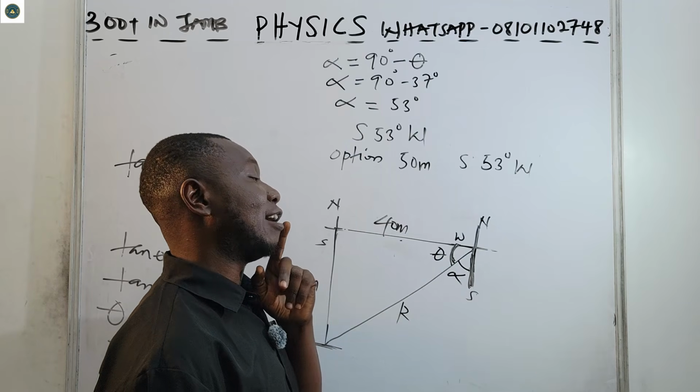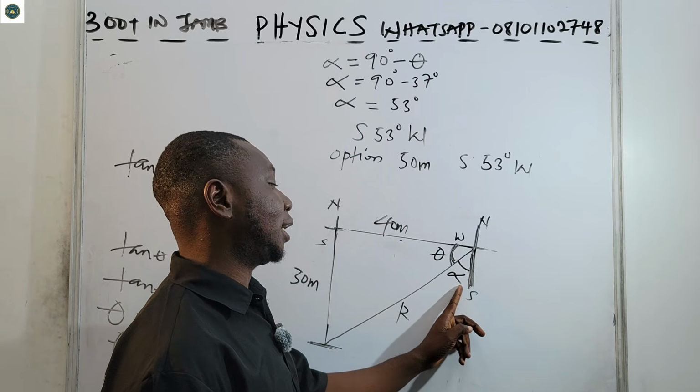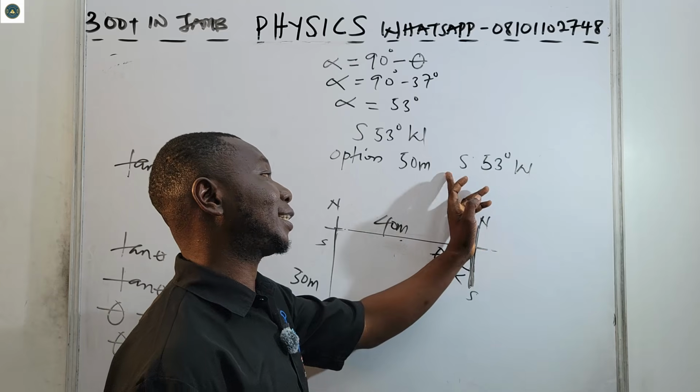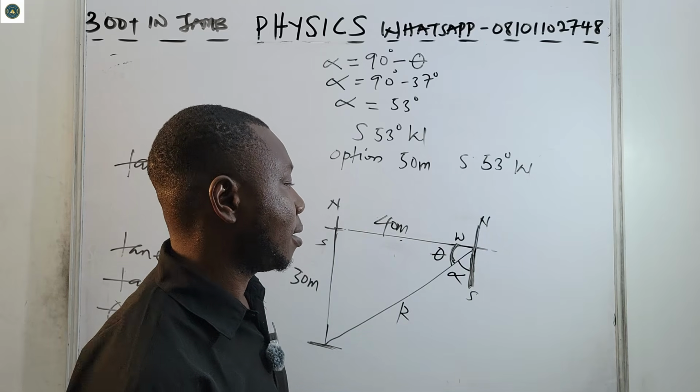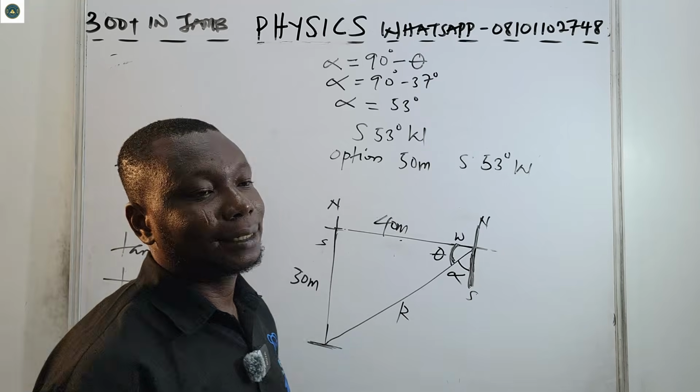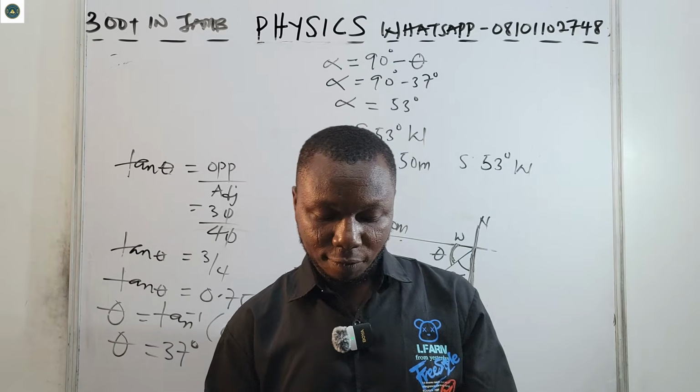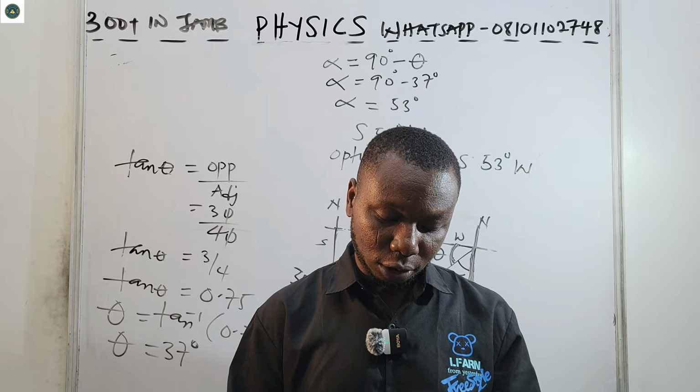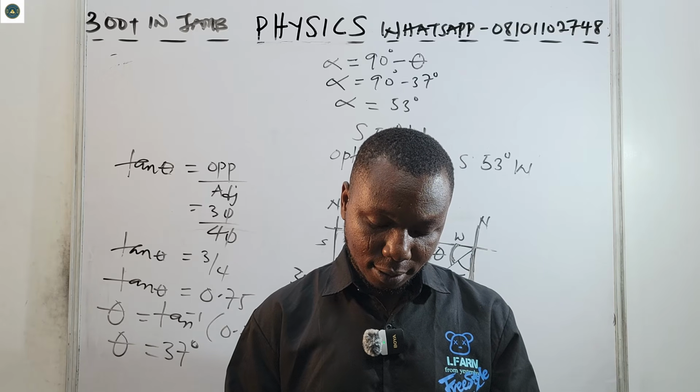And from the option, alpha makes an angle of 53 degrees southward, southwest. All right. That'll be all for now for this section of physics. Thank you.